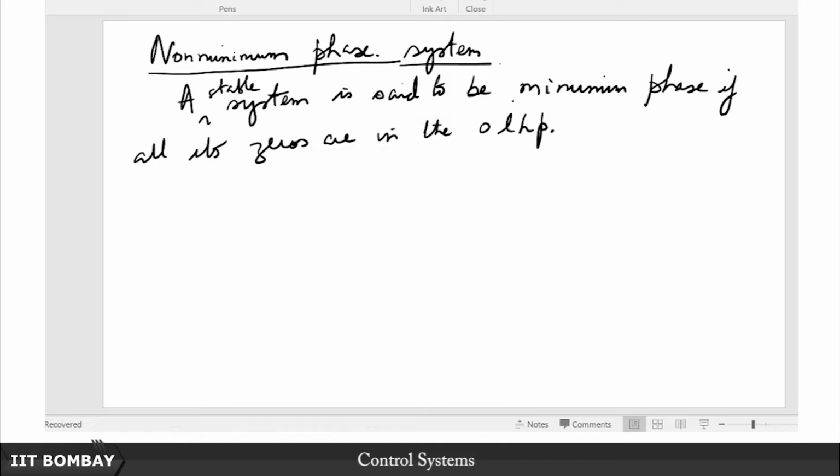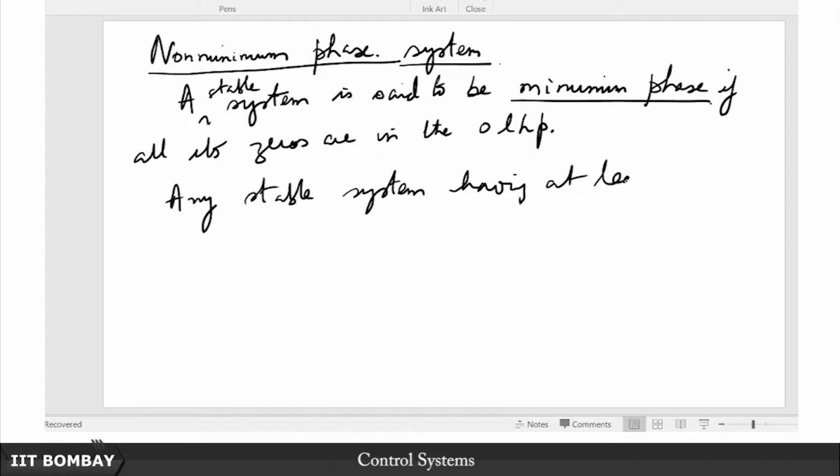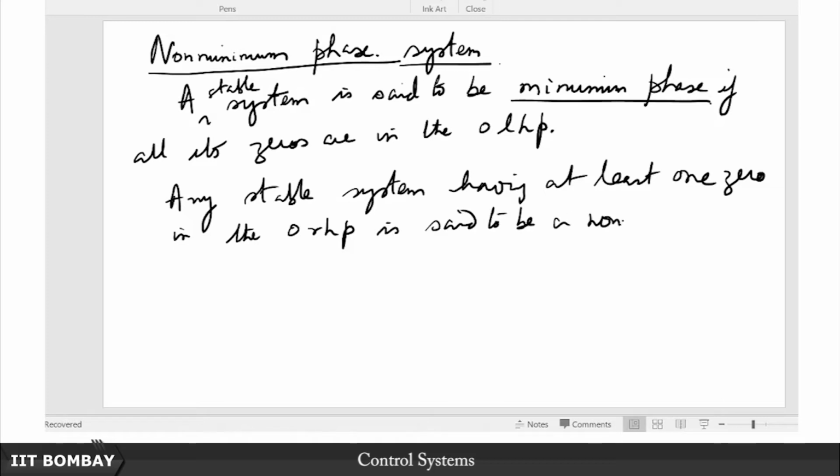The obvious reason is, any stable system having at least one zero in the open right half plane is said to be a non-minimum phase system.